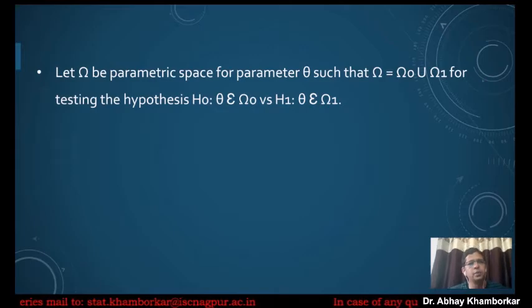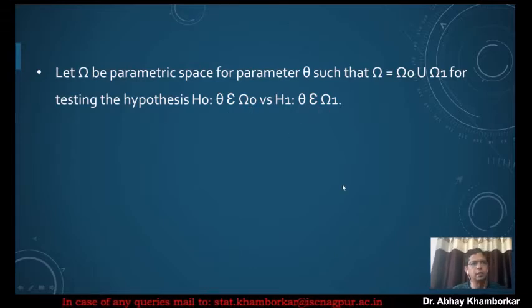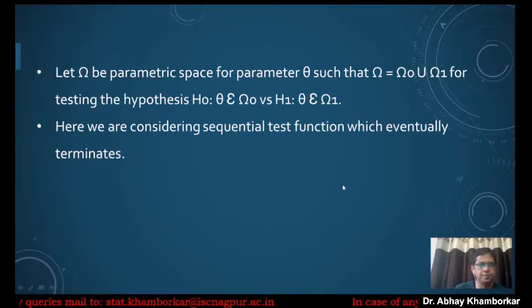Let omega be the parametric space of the parameter theta such that omega is equal to omega naught union omega 1. For testing the hypothesis H naught, theta belongs to omega naught, against H1, theta belongs to omega 1. So this is the hypothesis that we are considering. Theta belongs to omega naught, and theta belongs to omega 1, which is the alternative hypothesis. Here we are considering a sequential test function which eventually terminates.